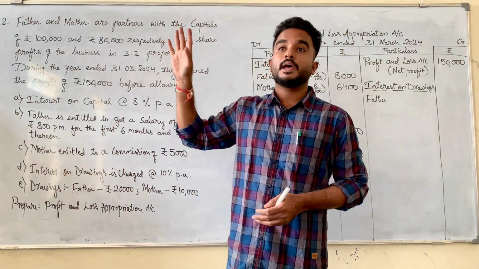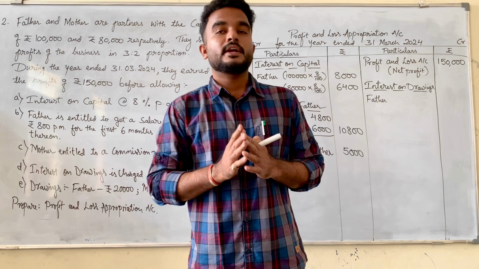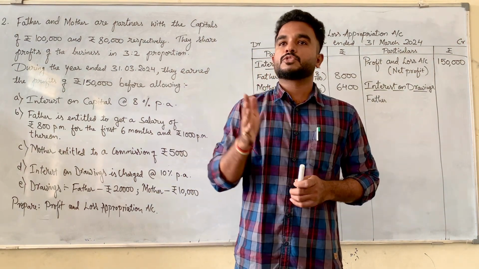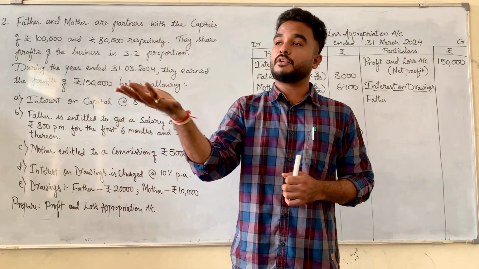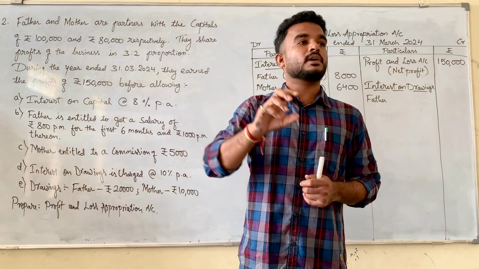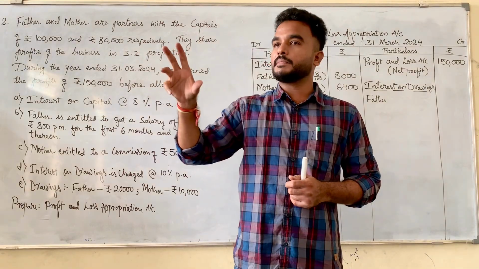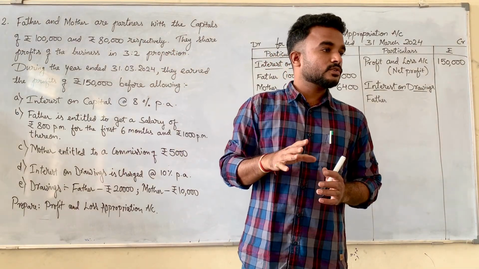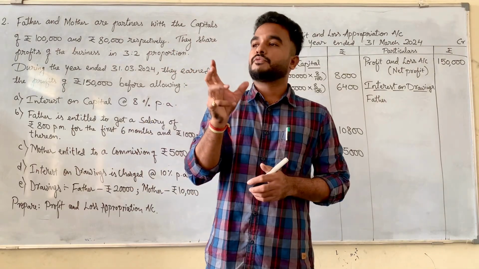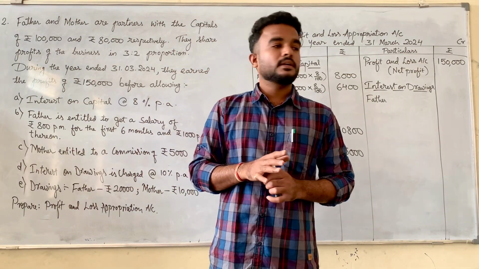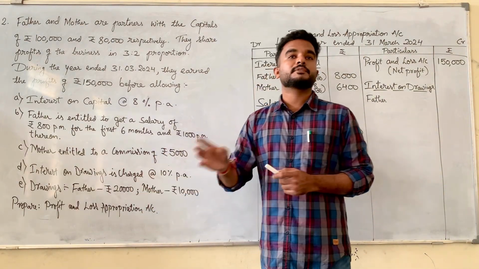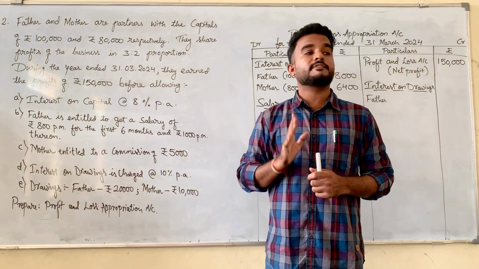But in case of drawings, it's not like that. Drawings are made by the partners whenever they require amount. So they might have withdrawn at the beginning of the year also. They might have withdrawn at the middle of the year also, or somewhere after 4 months or after 3 months. So we have to calculate interest actually for the time period for which they have utilized this amount. But we don't know that period particularly in this particular problem.